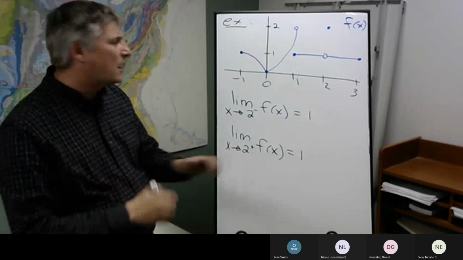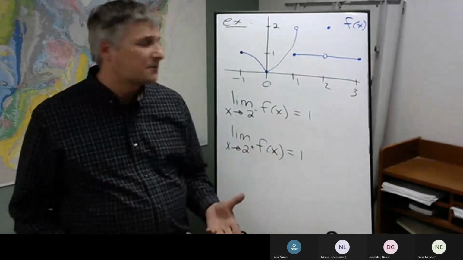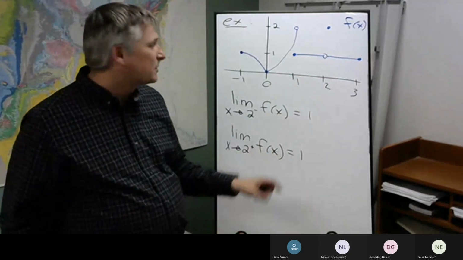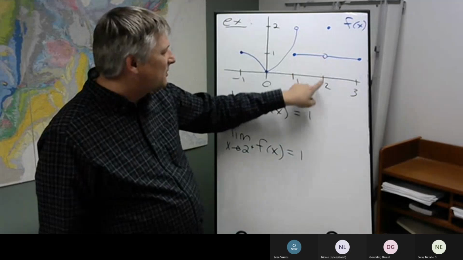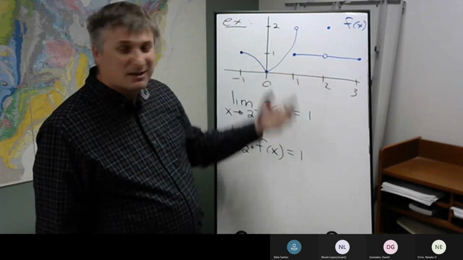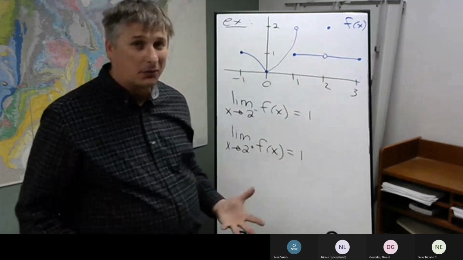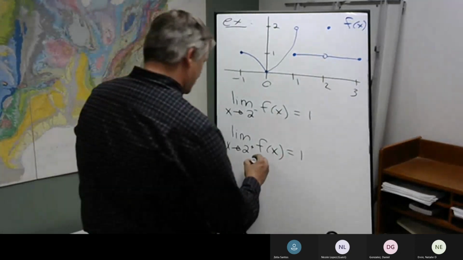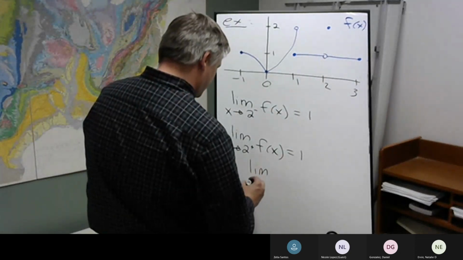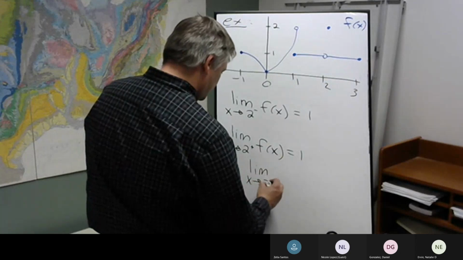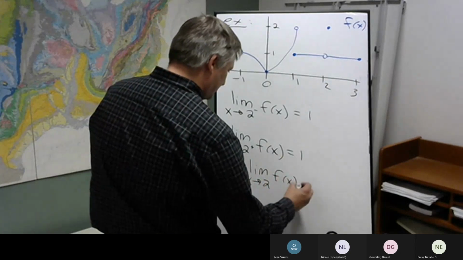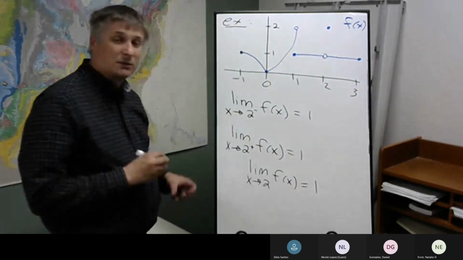Now again, this hole here is not going to be a problem when we're dealing with limits. Because we're talking about limits, we're talking about x values very close to 2, but not actually at 2. So this we can actually ignore. And what we're going to get is the limit as x goes to 2 of f of x is equal to 1.